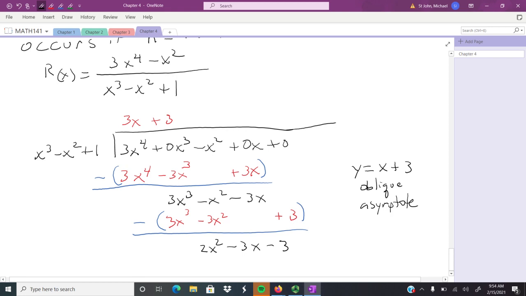So let's go over here and see what that would look like. Let me quickly graph that here on Desmos.